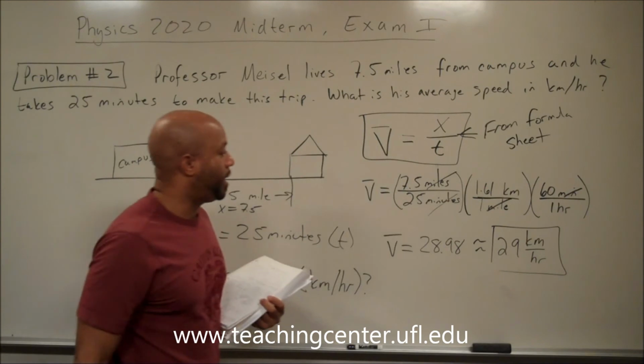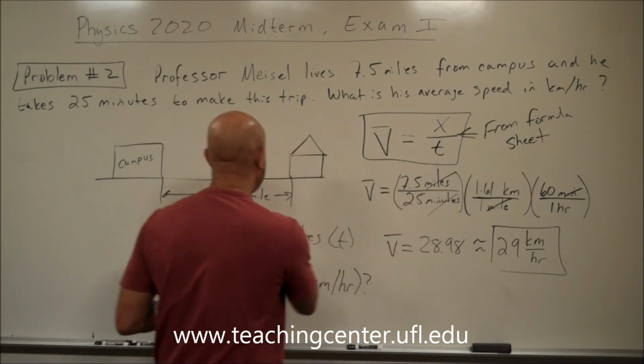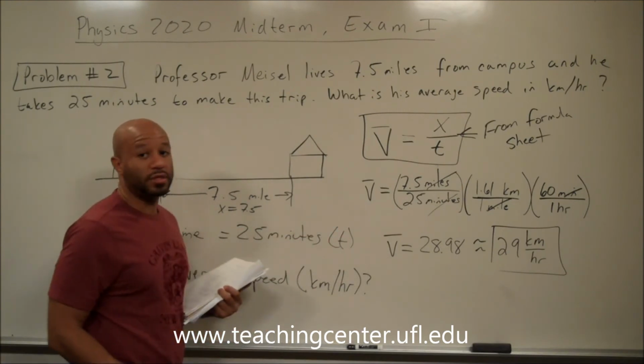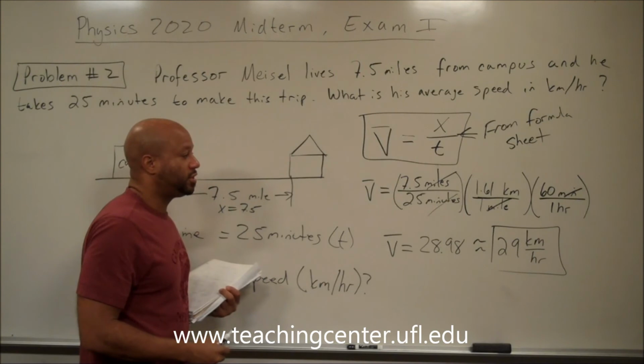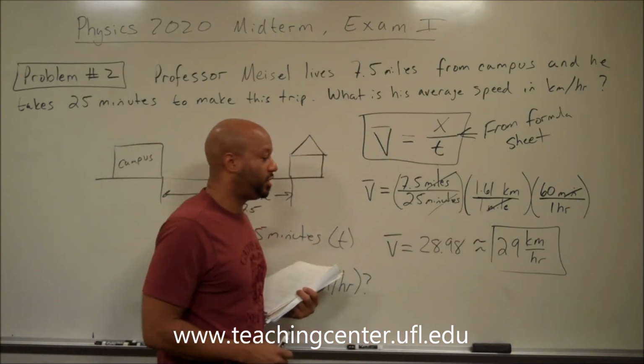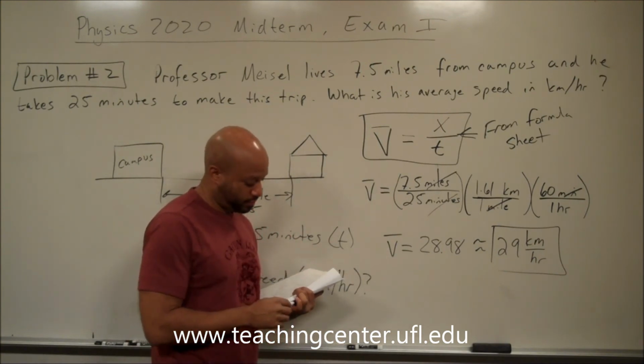After substituting in the information that was given for the problem, we could directly substitute that into the equation, and then we simply needed to use the conversion factors, which we also pulled from the formula sheet, to find the average speed, which is 29 kilometers per hour.